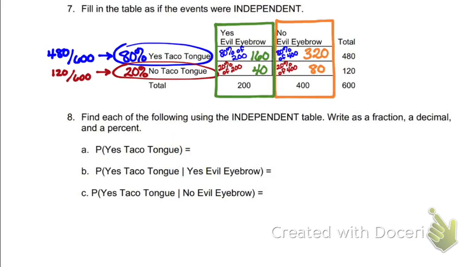What is our proportion for yes taco tongues? 80%, yes, 480 out of 600.